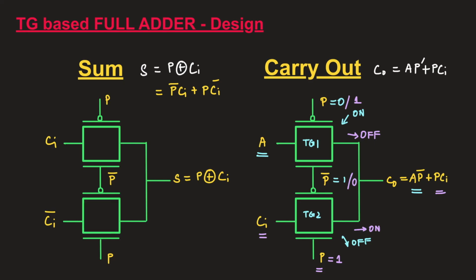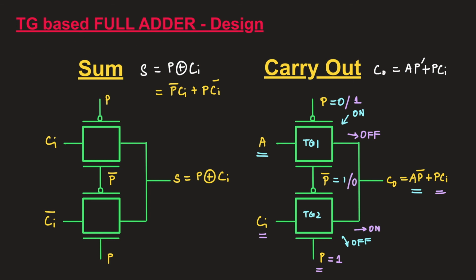And the final summary is we have taken the sum and carry out expression which we have obtained from the K-map technique or from the truth table. We have just modified them using carry propagate and carry generate functions, and in the carry out expression the carry generate function is not going to be useful for implementation of full adder using transmission gate.